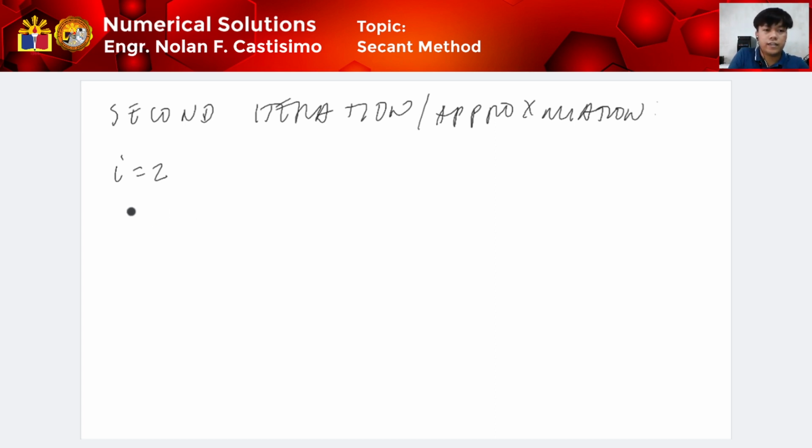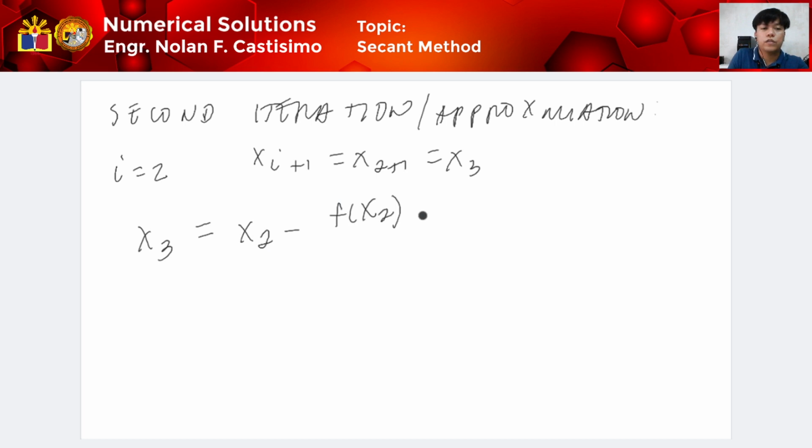So, x3 na natin. So, x3, kasi yan, di ba, x sub i plus 1 kasi yan. So, baka magtaka kayo, kasi mag-x3 na tayo. So, x2 plus 1 is equivalent to x3. Ayan. So, x3 na ang hanapin natin. So, previous x2 minus f of x2 times x2 minus x1, divided by f of x2 minus f of x1.